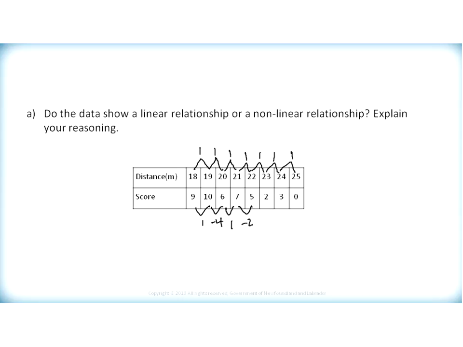When I go from 22 to 23 meters, my score is going down by 3. And when I go from 23 to 24 meters, my score goes up by 1. And finally, from 24 to 25 meters, the score goes down by 3. So there's absolutely no consistency here. This is a nonlinear relationship.